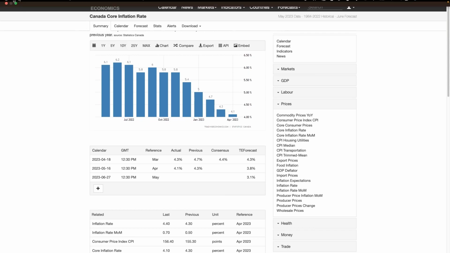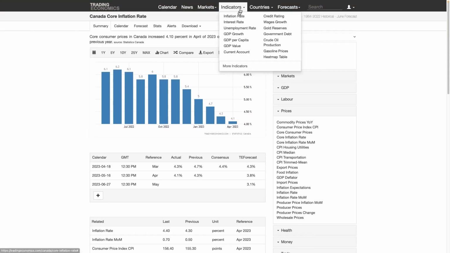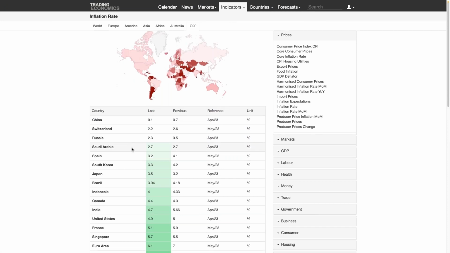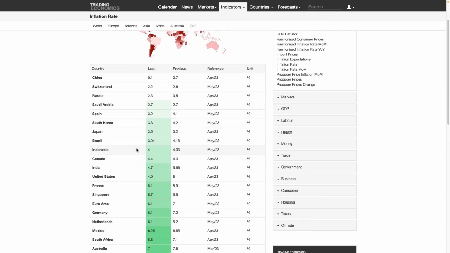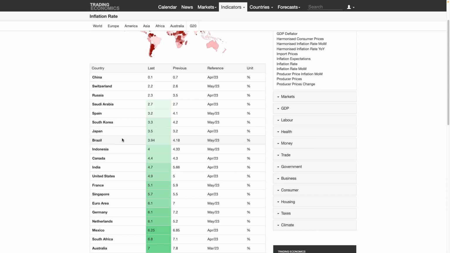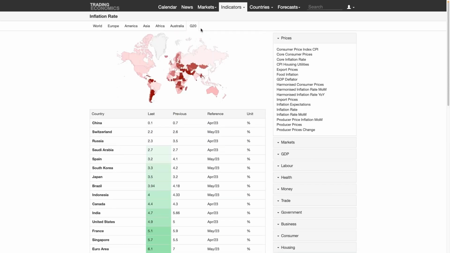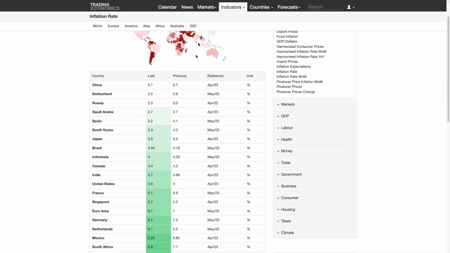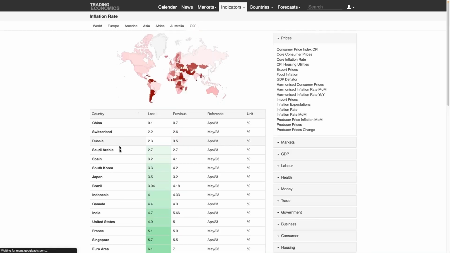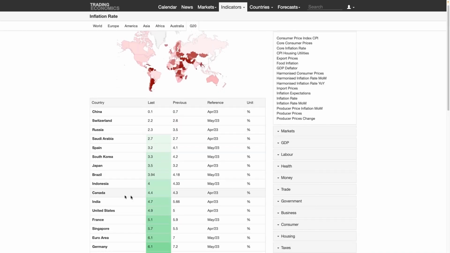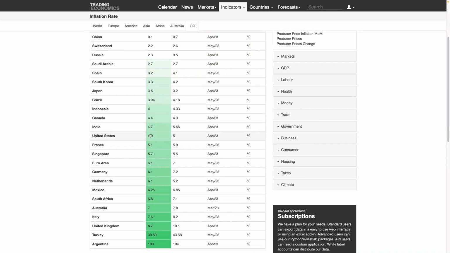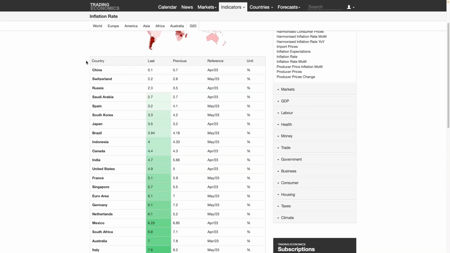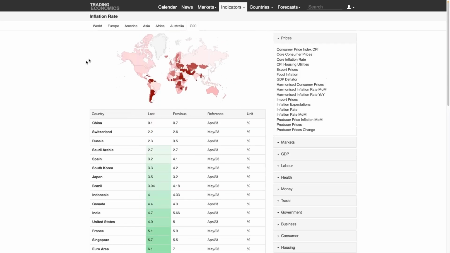If you compare Canadian inflation with other countries, you can see it's towards the lower end of the major countries, certainly towards the lower end of the G20. You can see here, you've got the US higher at 4.9%, Euro area 6.1, UK, look at 8.7. So inflation is pretty strong for those countries.